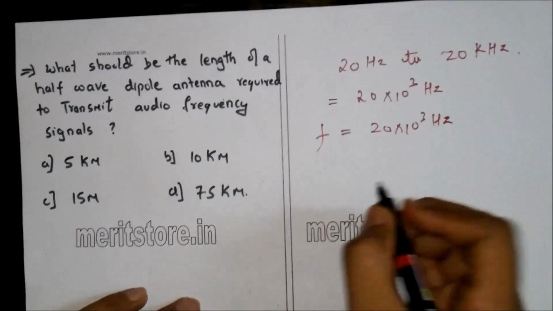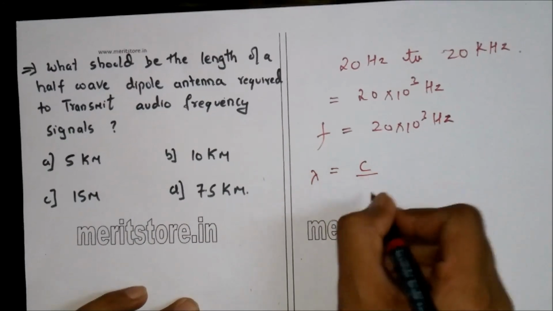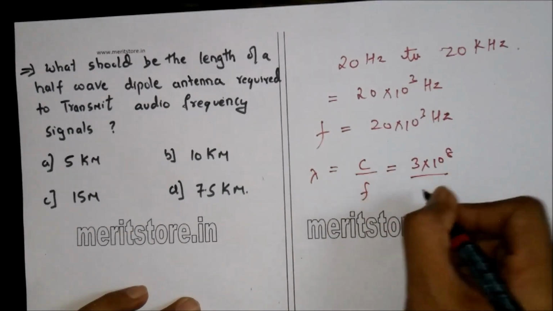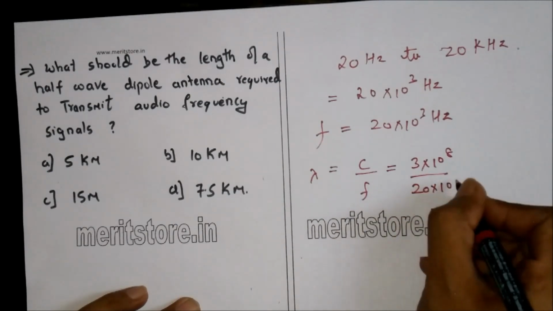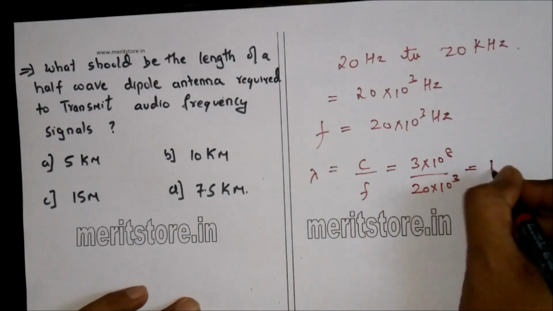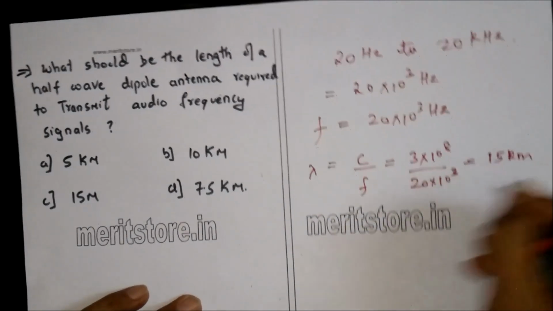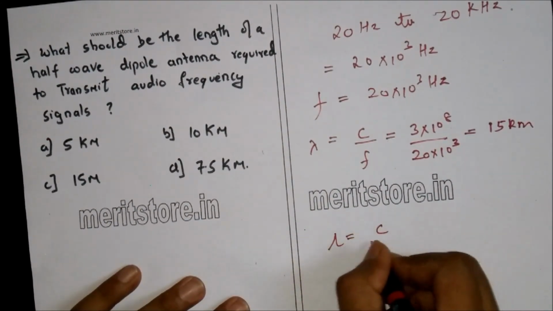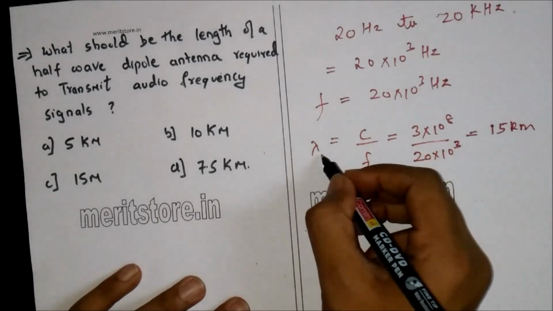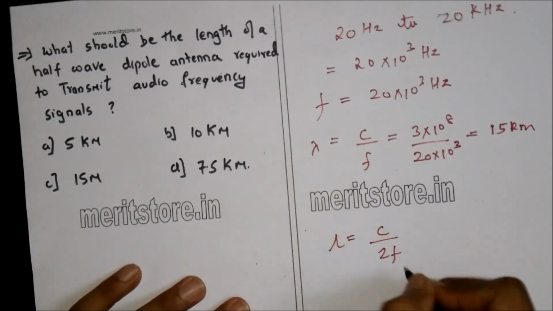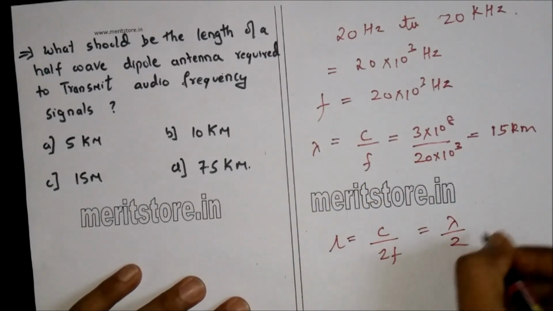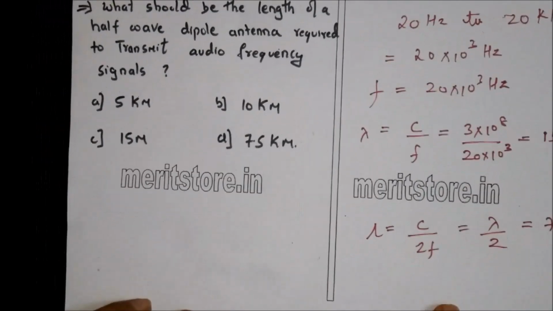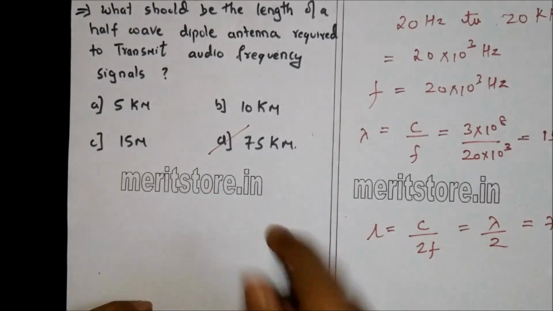Now, the corresponding wavelength lambda will be equal to c upon f, which is equal to 3 into 10 raised to 8 upon 20 into 10 raised to 3, which is equal to 15 kilometers. Now the length of the dipole L is equal to c upon 2f, but lambda is equal to c by f. So substituting c by f, we get lambda by 2, which is equal to 7.5 kilometers. Therefore, the correct answer is option D.